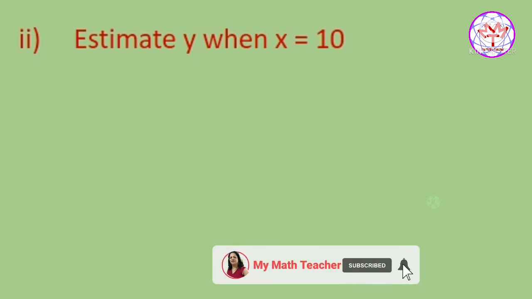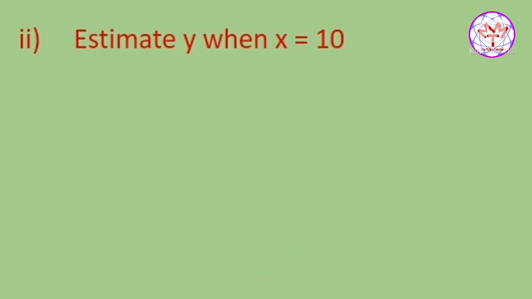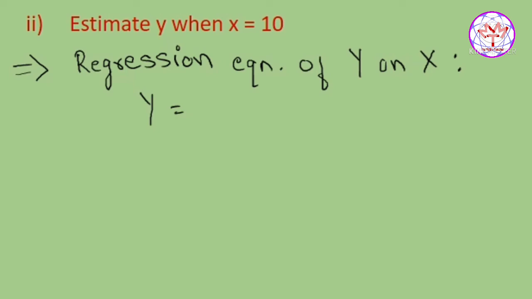That means we'll have to find a regression equation of y on x. So regression equation of y on x is y is equal to a plus byx into x.